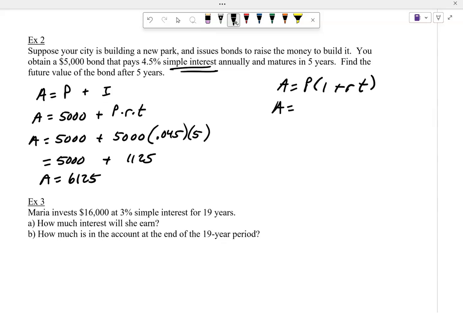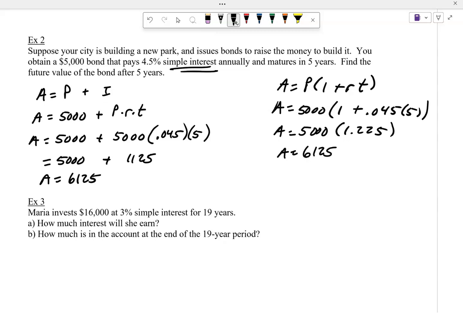The amount you have at the end is the 5,000 times 1 plus the interest rate times 5 years for the simple interest. 0.045 times 5 is 0.225, so 1 plus that is 1.225. Either of those will give you that. That's how much you end up with at the end, $6,125, because you're getting 4.5% simple interest.